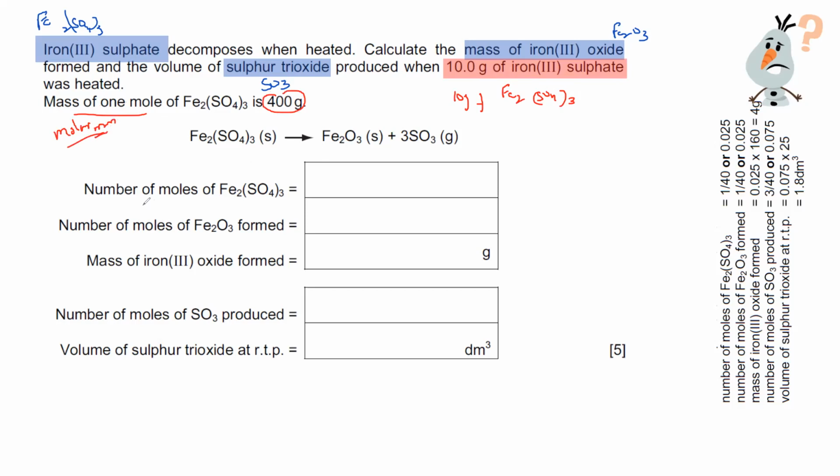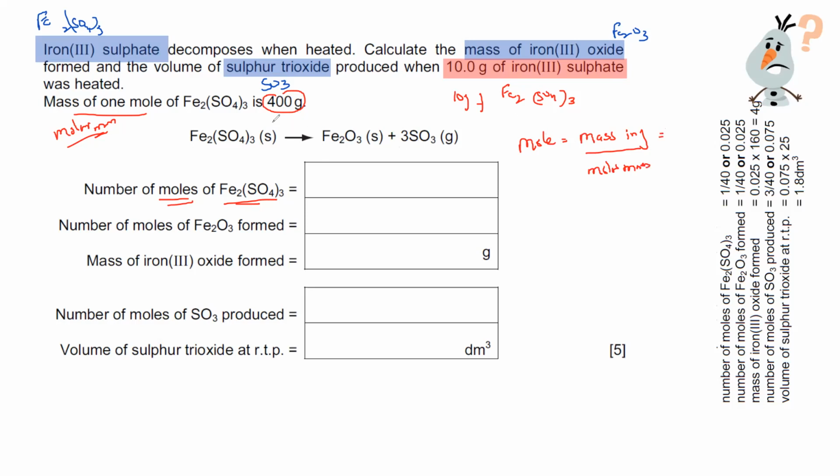So in the first part, we need the number of moles. How to get the number of moles of iron 3 sulfate if we have its mass? Then we'll use a formula. What is the formula? Moles equal mass in gram divided by the molar mass. Molar mass means mass of 1 mole.